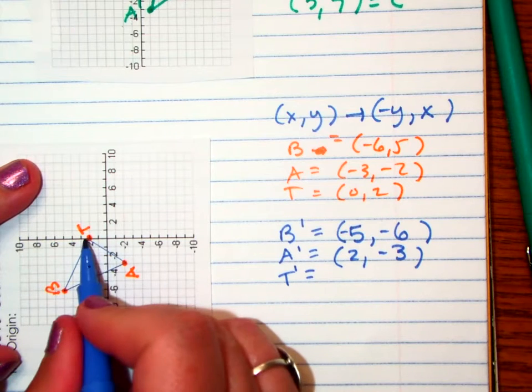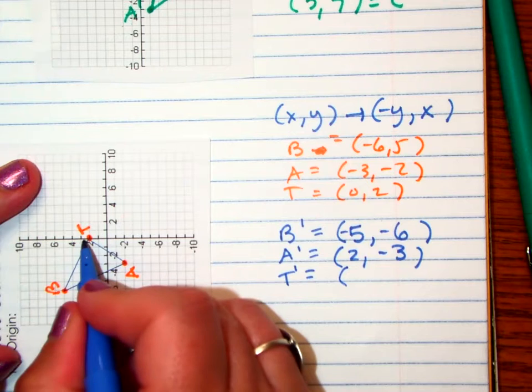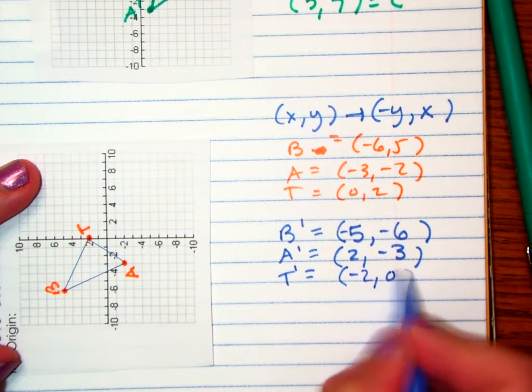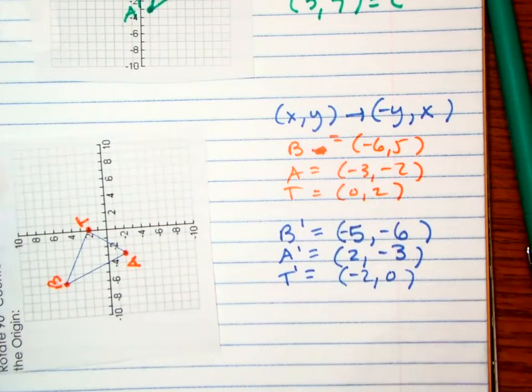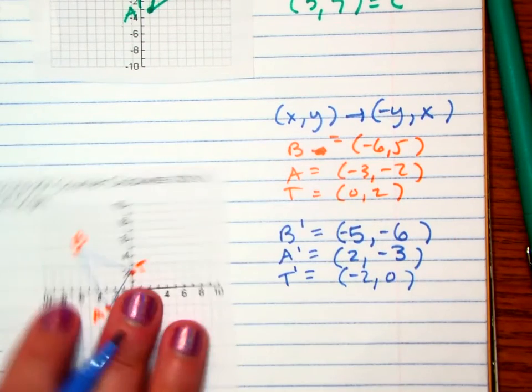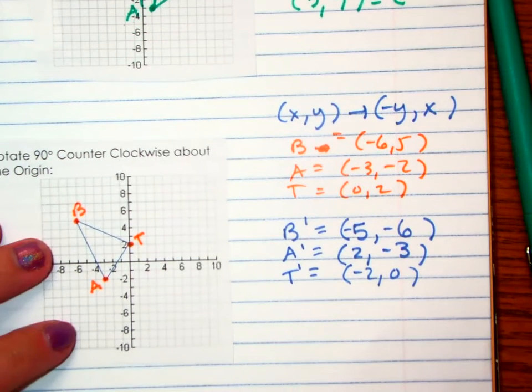And the T becomes -2, 0. So we moved over to the left first, -2, and then 0. And again, you could use this formula and memorize that, and that's fine as well. I just prefer personally to move it and then recall the formula.